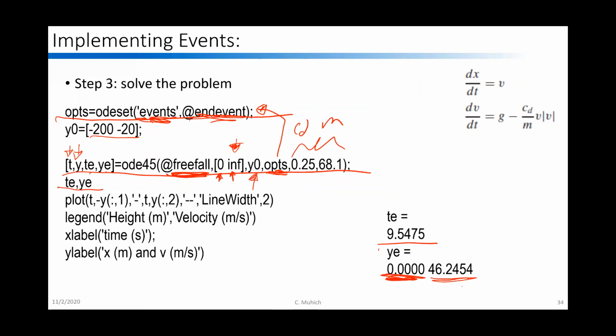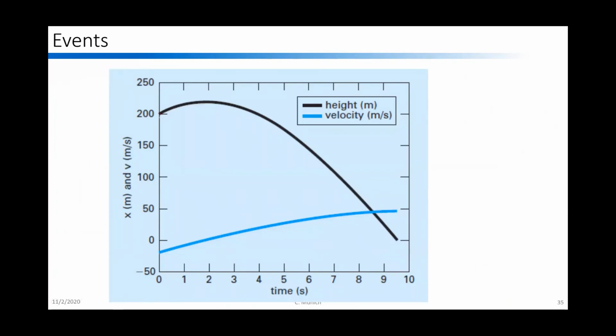So probably not a good day for the bungee jumper. And if we want to plot this, we'll have the height that's coming down and my velocity. Notice that my graph just stops at about 9.5. This is because the event has triggered and it's not going to take that next step.